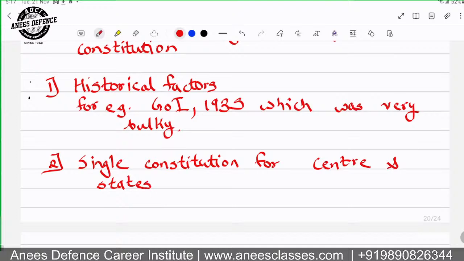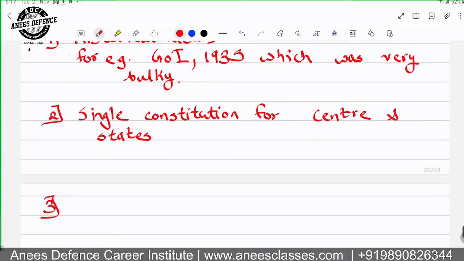Actually, there was an exception to this because Kashmir had its own constitution before the abrogation of Article 35A and Article 370. A single constitution for center and states makes it very bulky.